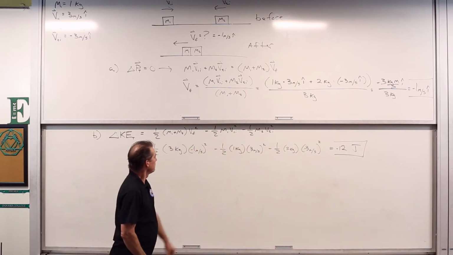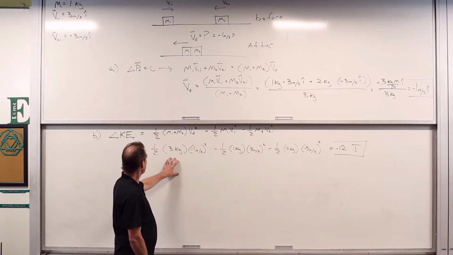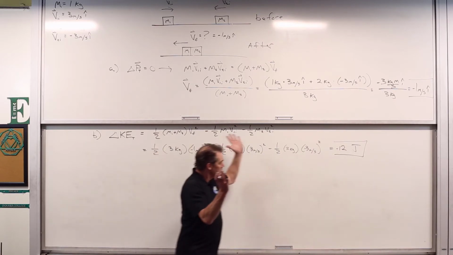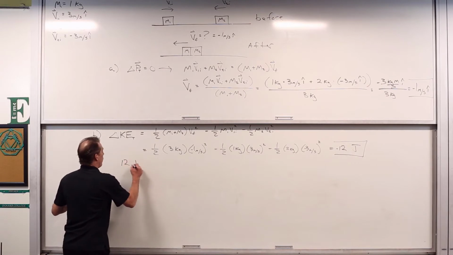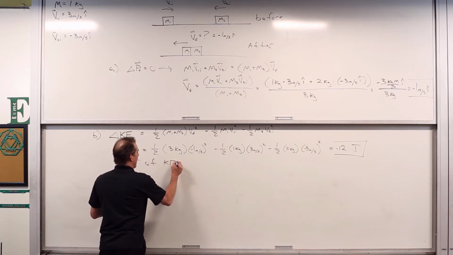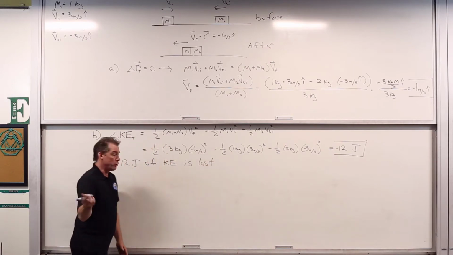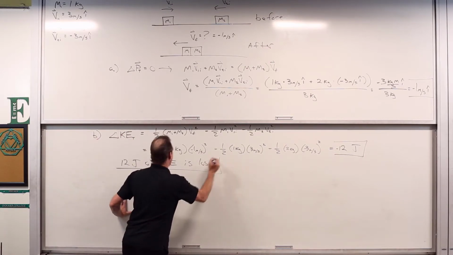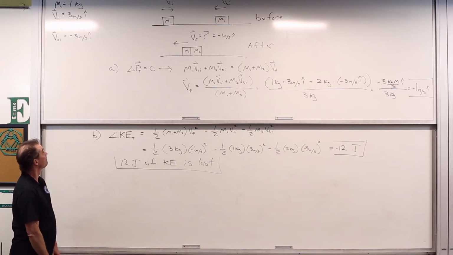It was just 9, 4.5 minus 13. So we're plus 13.5 minus 12 joules. There's a change in kinetic energy, so 12 joules of kinetic energy is lost, ultimately due to them sticking together. That's the amount of energy required to make these objects form one object.